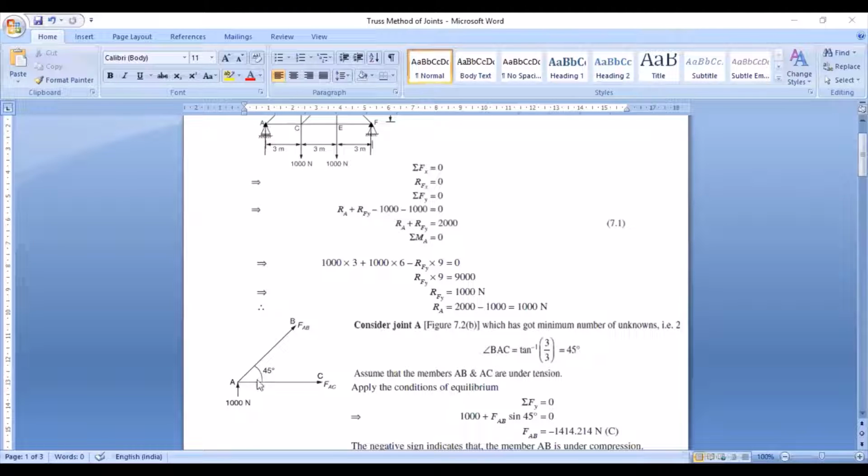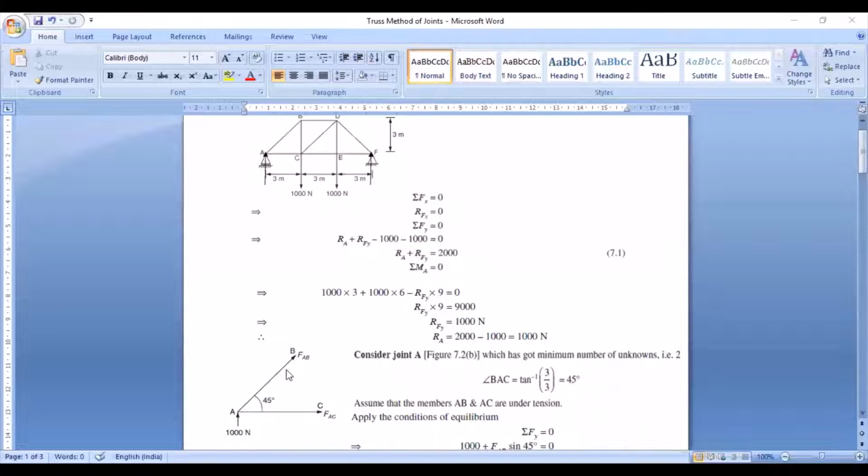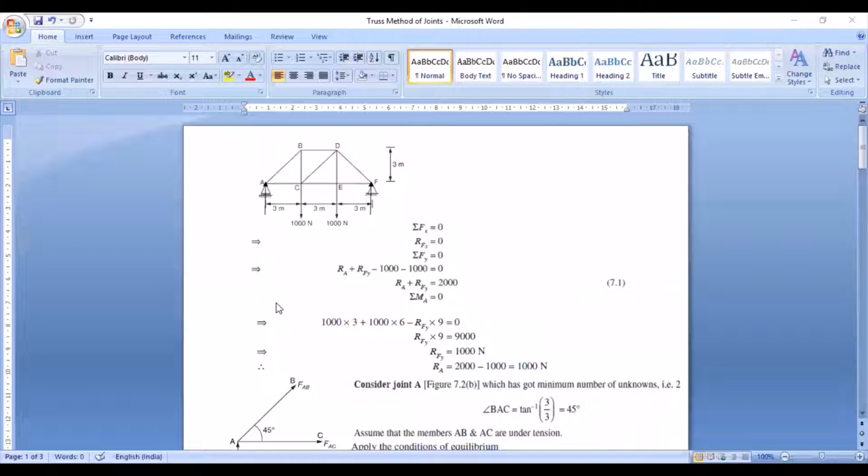One more thing to keep in mind whenever you are considering any joint is that in that joint there should be only two unknowns, not more than that. If there are more than two unknowns in any joint, you are not supposed to consider that joint for calculation. For example, instead of taking A, if I had taken joint C, what would happen? How many member forces are there for joint C?